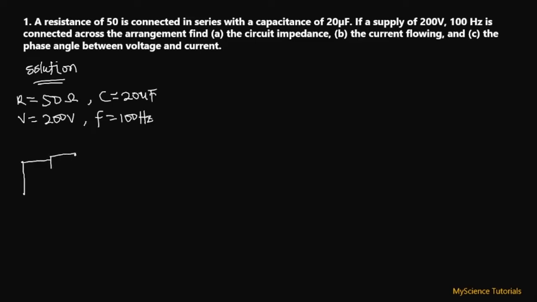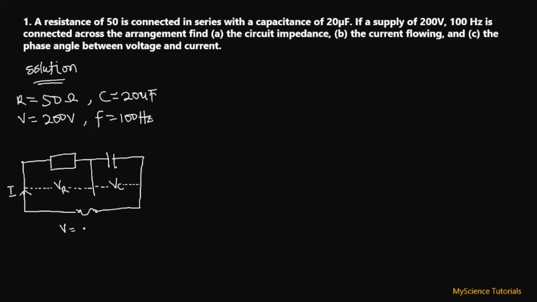So we have a resistor here which is connected to a capacitor in series, and then they are both connected to an AC source over here. This is the flow of current, and the potential difference across the resistor is what we are calling the resistive voltage, and the potential difference across the capacitor is what we are calling the capacitive voltage.